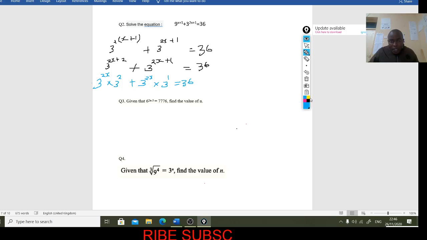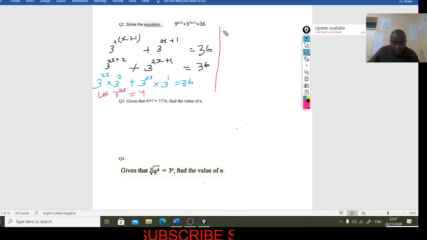Now here I can let 3 power of 2x be y. If I let 3 power of 2x be equal to y, then that means y times 9, because 3 squared is 9, so it gives you 9y.